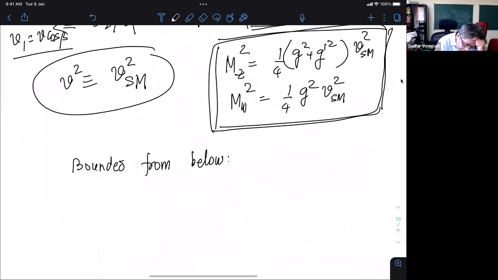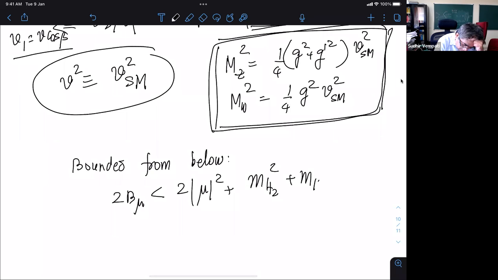You have the condition that 2 b mu should be less than 2 mu square plus mh2 square plus mh1 square.